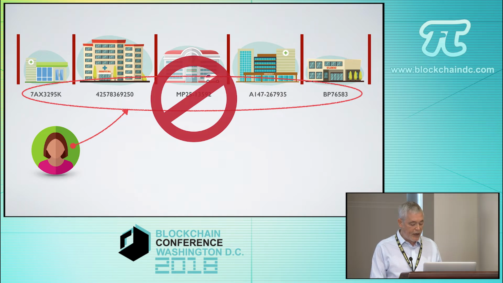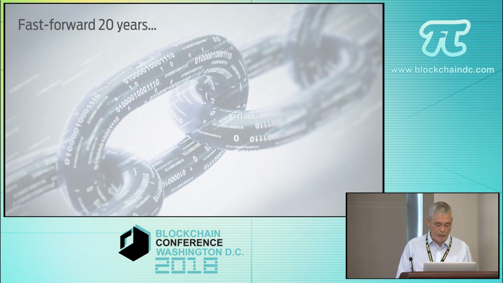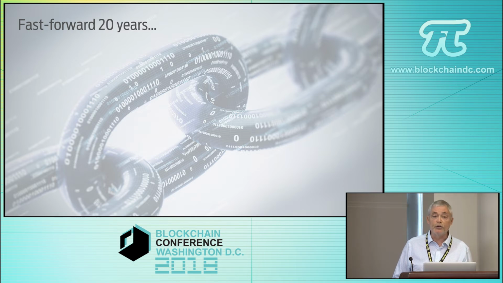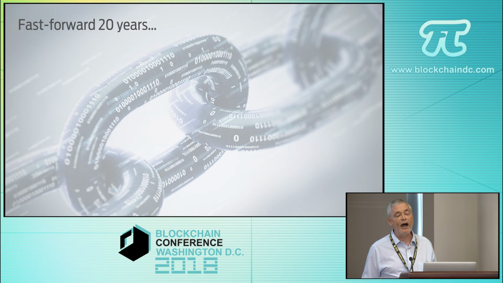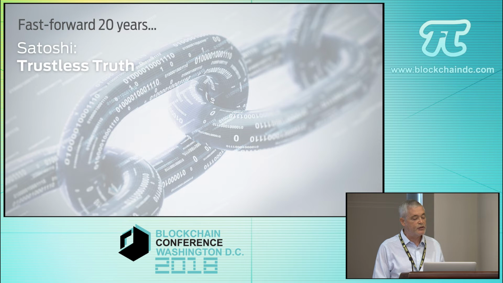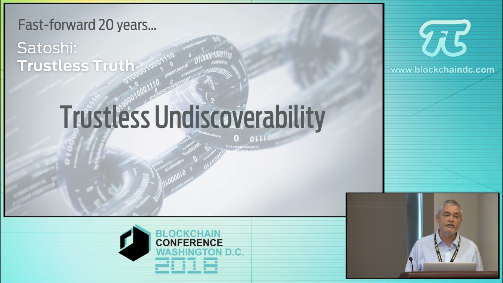It's now been 20 years since I made that proposal. During that 20 years, I have diligently sought for a solution to associate patient IDs that would not be subject to malicious attack. My search has now led me to blockchain. I learned how Satoshi teaches us to create trustless truth. And we have adopted what Satoshi taught to create trustless undiscoverability.